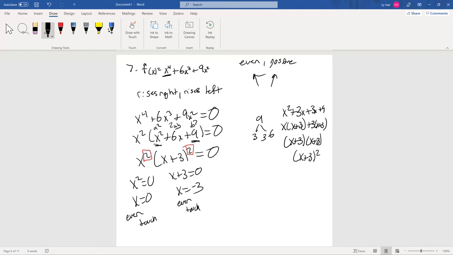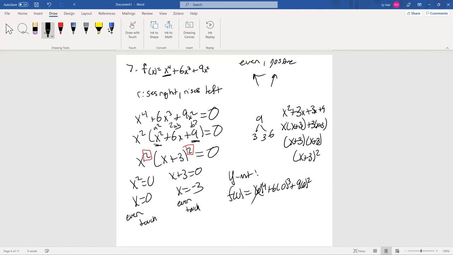All right, and then the last thing you might want to solve for to get to graphing is your y-intercept. So we'll just be plugging in 0 for x. So we get f of 0 is equal to 0 to the fourth plus 6, 0 cubed plus 9, 0 squared.